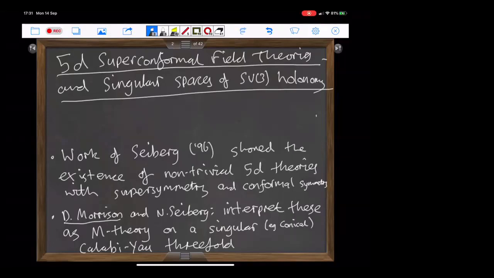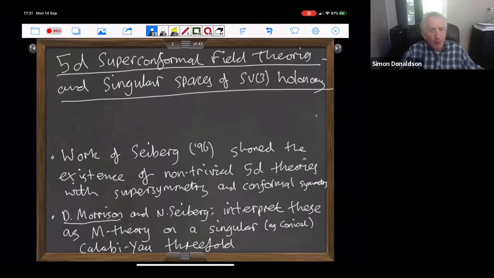The existence of such theories, so these are quantum field theories in Minkowski spacetime of 5 dimensions, originally goes back to the work of Seiberg, who proved that they exist. It's rather surprising to find non-trivial interacting field theories with conformal invariance above 4 space-time dimensions.